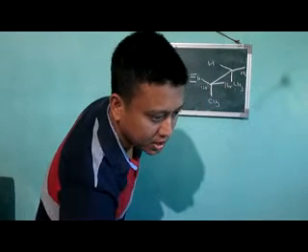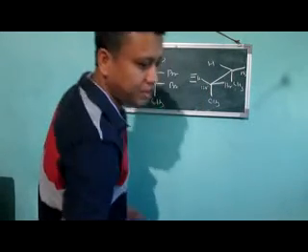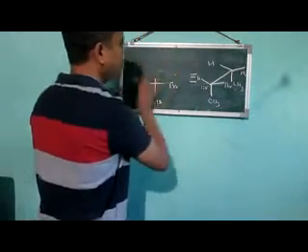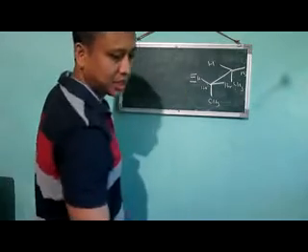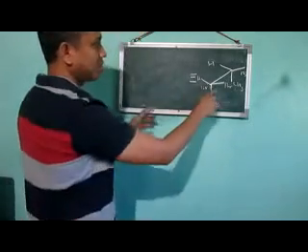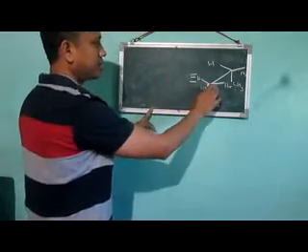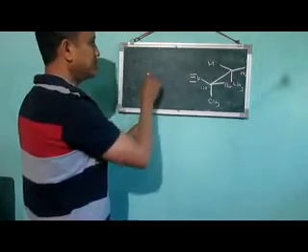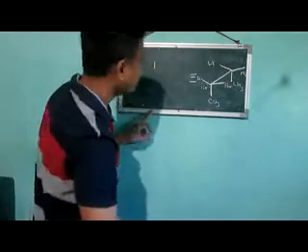Sawhorse to Newman. Now this is a little bit easy if you think. Suppose this is the first carbon and this is the second carbon. In the Newman projection formula, how do we write down the structures?